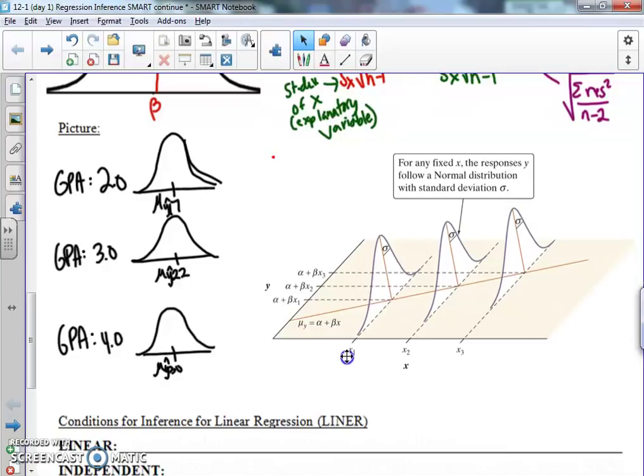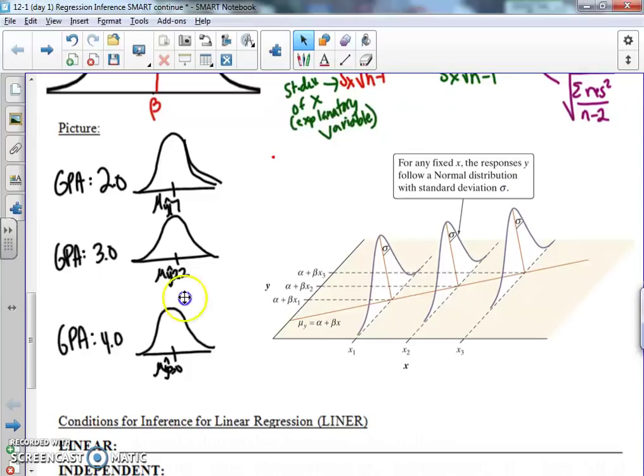When you look at one specific explanatory value, there are multiple response values for that, but those follow a normal curve. But what's interesting is if these conditions are met, there are all these curves and they create the population line, but they all follow the same standard deviation, which is why it says for a fixed value x, the responses y follow a normal distribution with this same standard deviation.